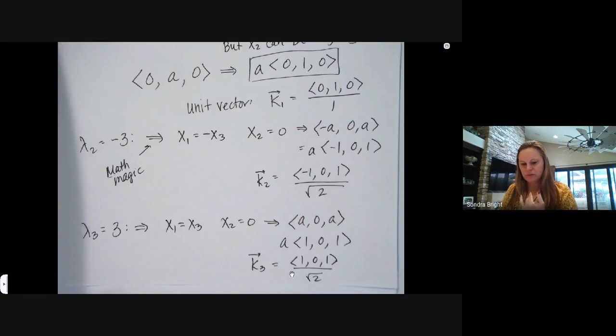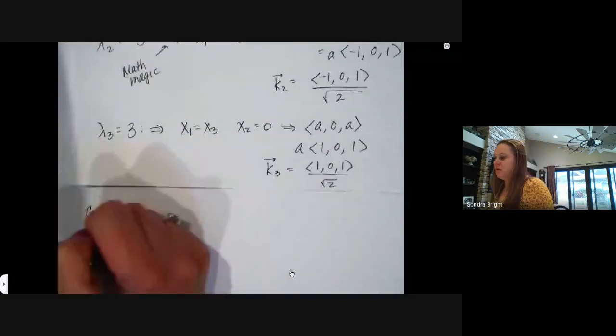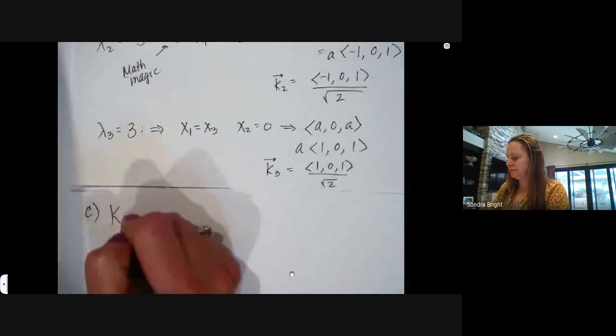Okay, so those are your eigenvalues and eigenvectors. The next thing they want us to find is the orthogonal matrix K. So for part C, K is just these orthonormal vectors.